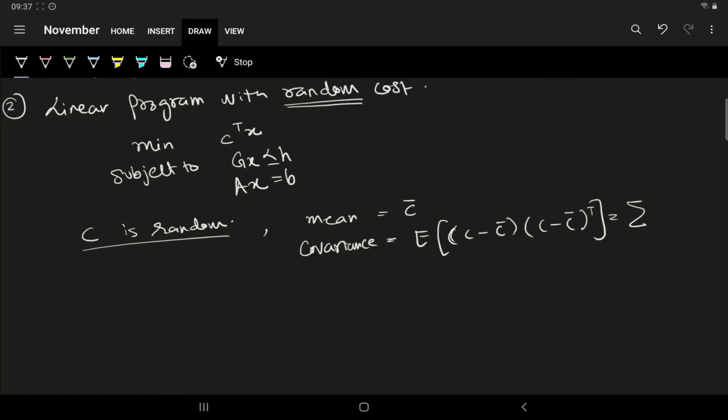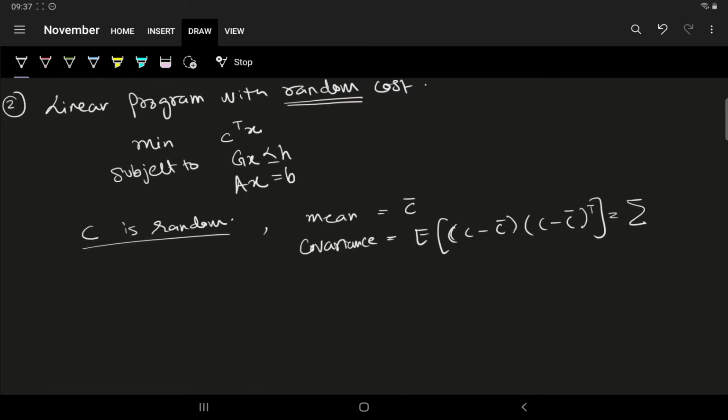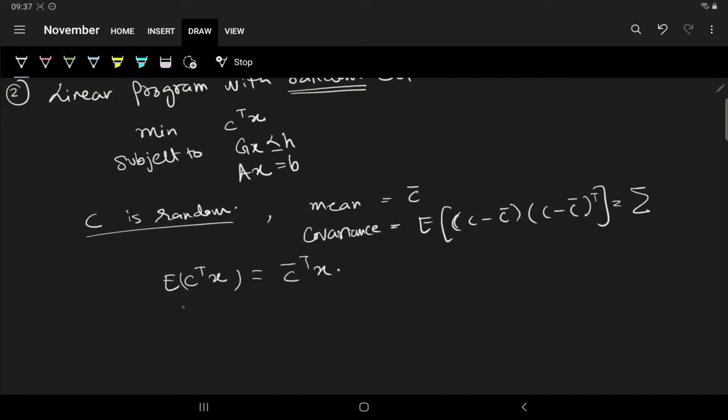So the expectation of this is equal to c bar transpose x. So this is the expectation, and similarly the variance of c transpose x is x transpose sigma x.